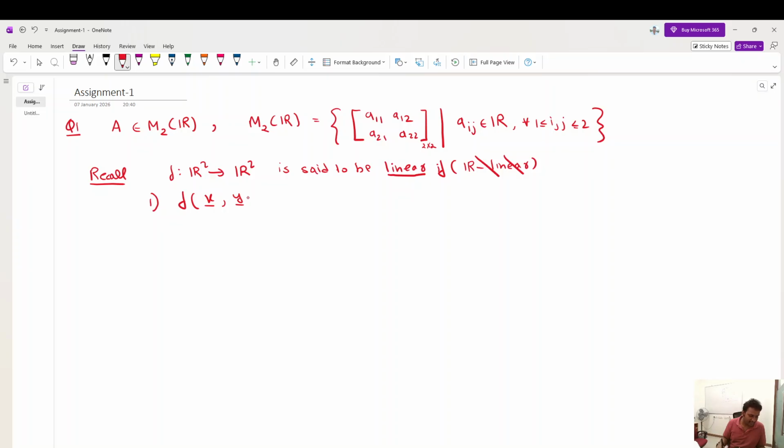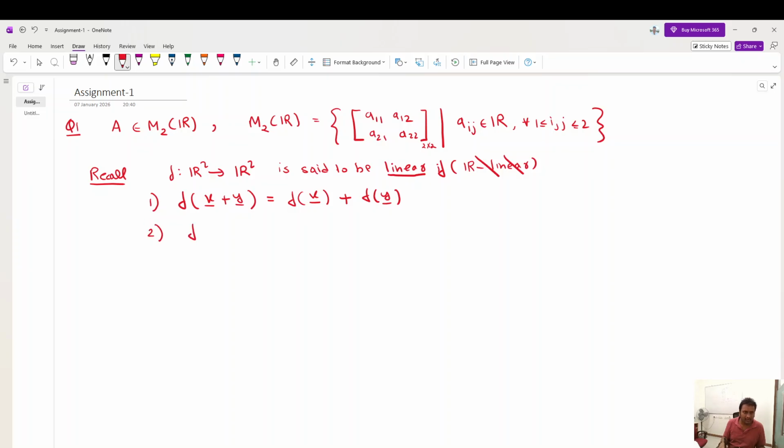So if you have two vectors and you add them, basically two points in R2, addition is component wise, then you apply F to it, and it should be the same as when you individually apply F to x and y, and sum these.